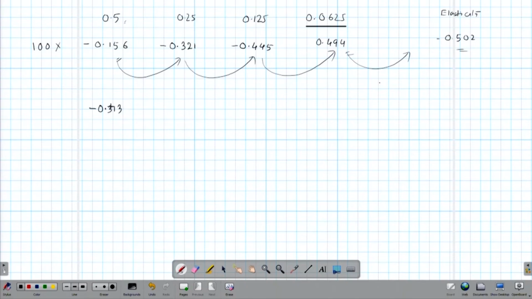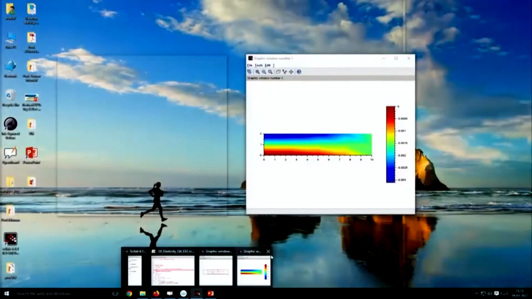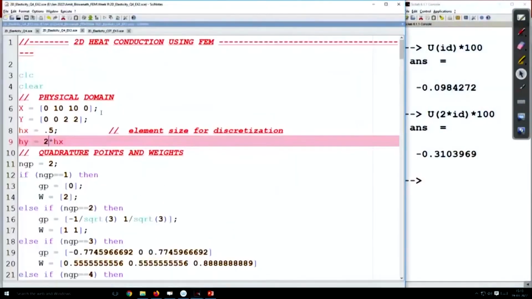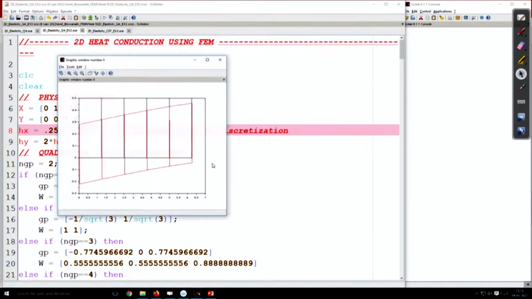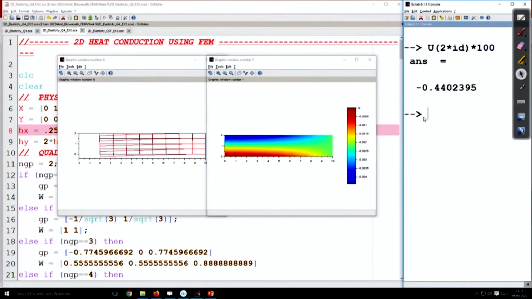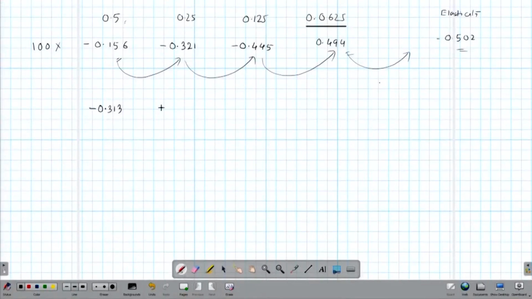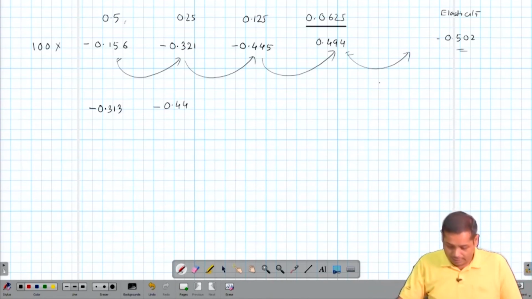Let us further discretize it, close it, make it 25. This is the discretization, and then 0.44. So this is minus 0.44.